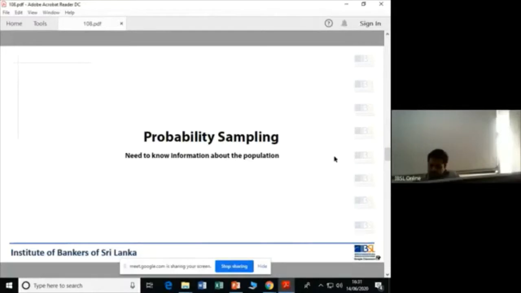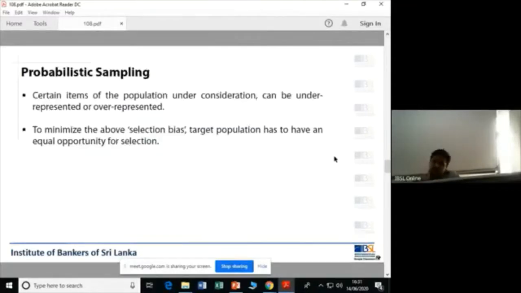We could recognize that certain over or under allocation could occur in non-probabilistic sampling techniques. Isn't that so? So now we want to give an equal probability or selection chance to the entire set of data in capital N to be selected into the sample, small n.